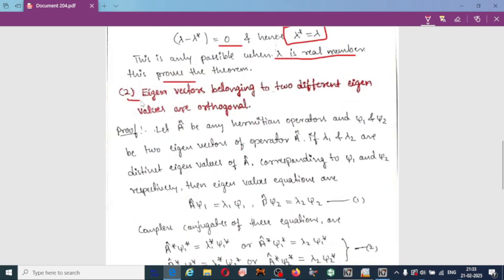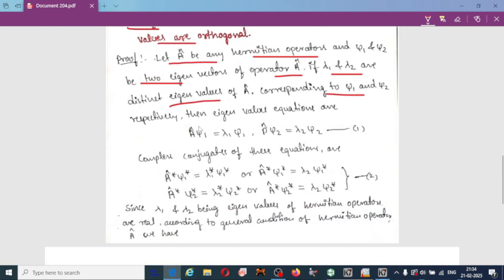Let us go for another theorem. Eigenvectors belonging to two different eigenvalues are orthogonal. So let A cap be a Hermitian operator, psi 1 and psi 2 be two eigenvectors of operator A cap. So here we have to take two eigenvalue equations. Lambda 1 and lambda 2 are distinct eigenvalues of operator A cap corresponding to psi 1 and psi 2 respectively.